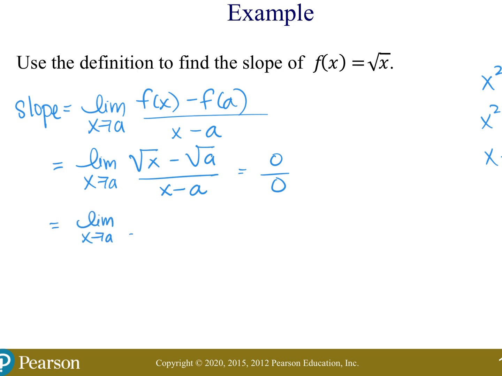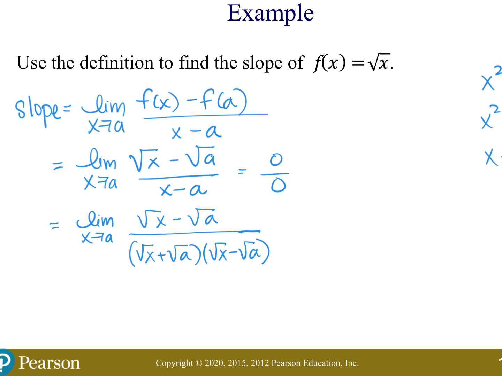So my numerator will be rad x minus rad a. What will my denominator factor into? Square root x plus square root a and square root x minus square root a. Just because they're not perfect square roots doesn't mean that they don't factor.